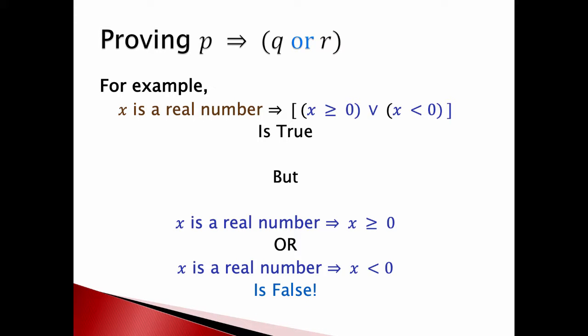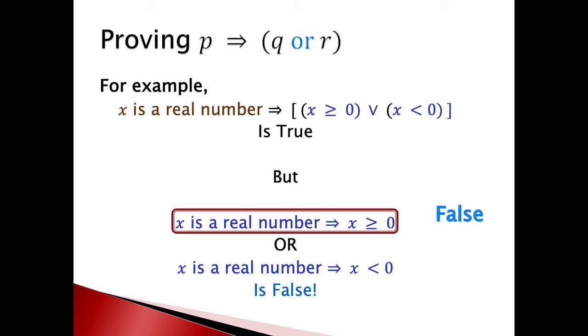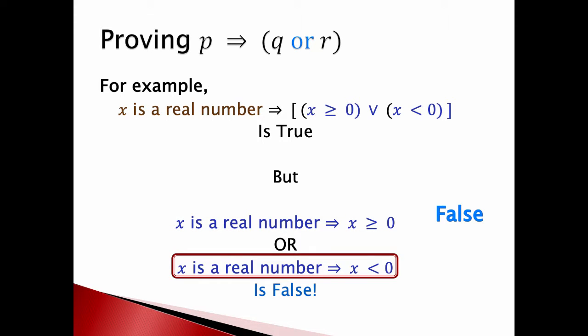And then you go, wait, what? Okay, let's dissect this. Look at the first implication. X is a real number implies X is bigger than or equal to 0. That's wrong because some numbers are negative. So that's definitely a false implication. What about the second one? X is a real number implies X is less than 0.